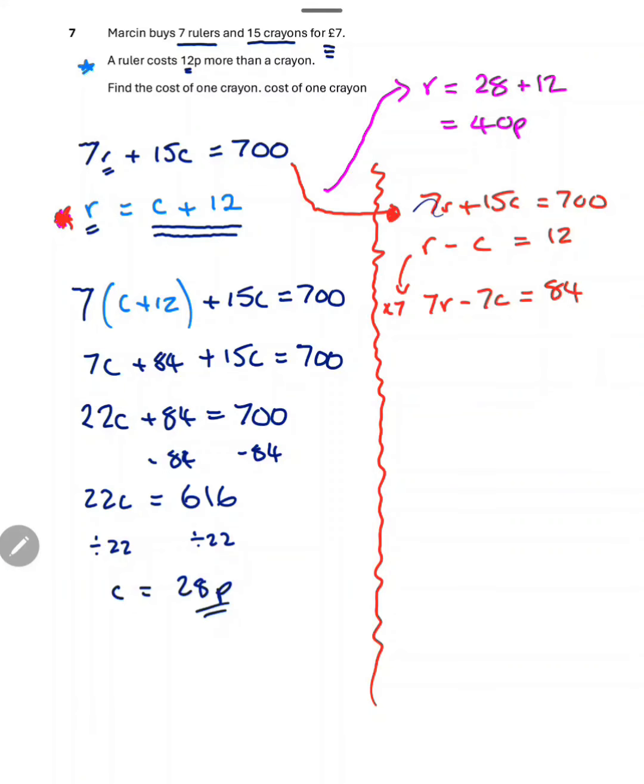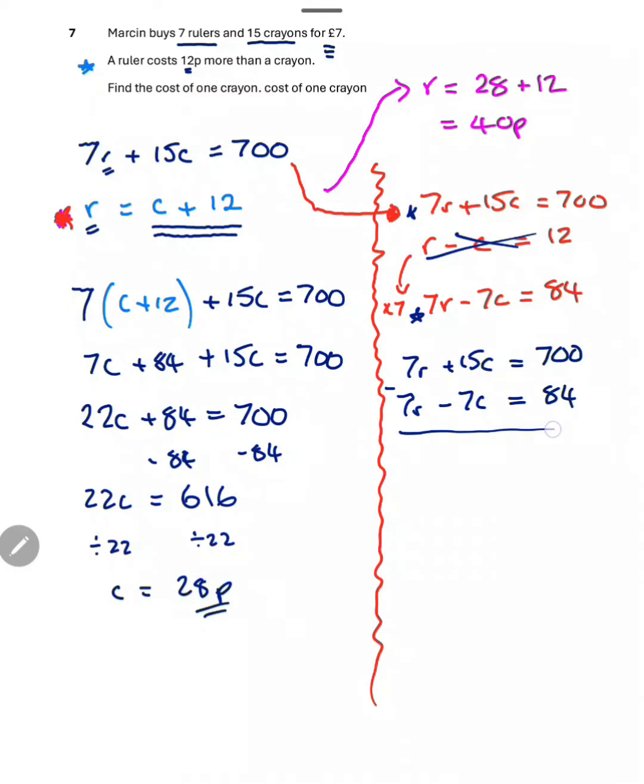Well, if I just rewrite this 7r plus 15c equals 700, and this one, forget that now, 7r minus 7c equals 84. This is a much more standard way of solving simultaneous equations, a much nicer way, you might argue, but here it wasn't set up to do this method.